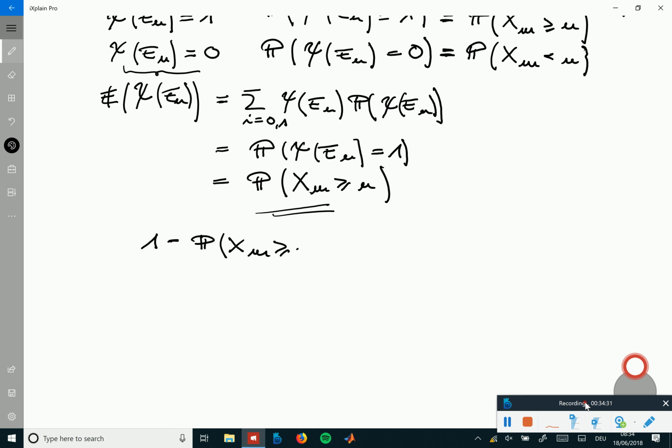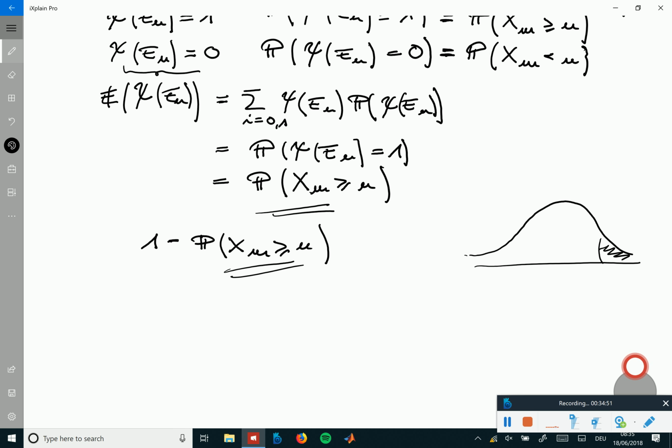If you want a picture: if you're dealing with density functions, what is written there is this bit, the bit that I just crossed out. 1 minus is the rest.